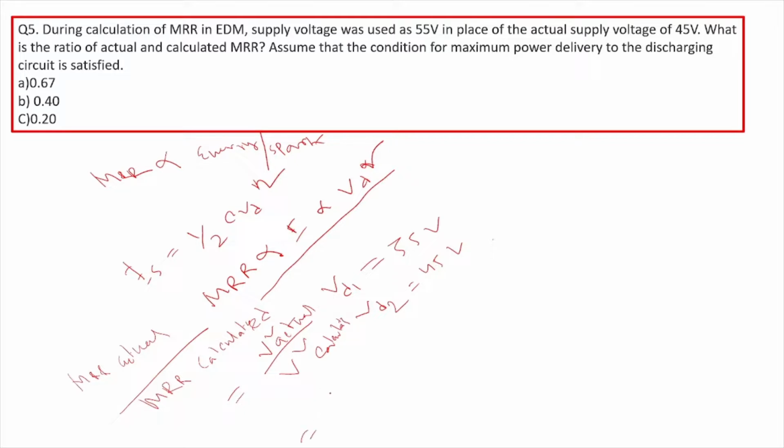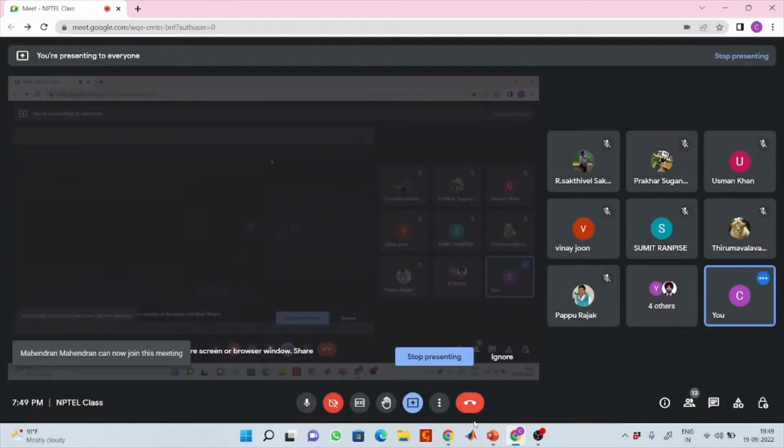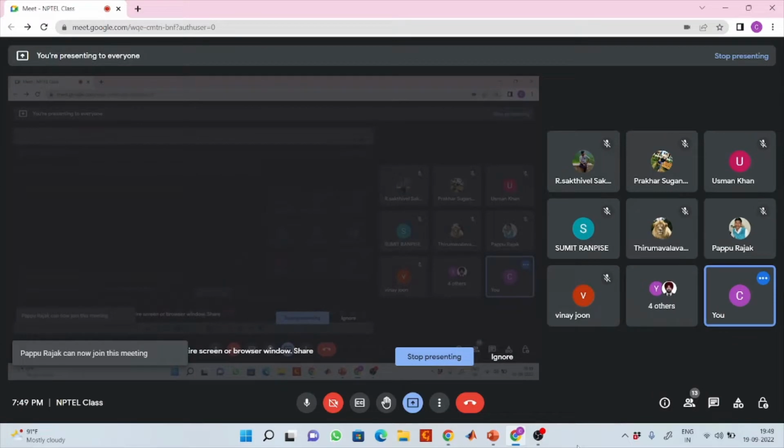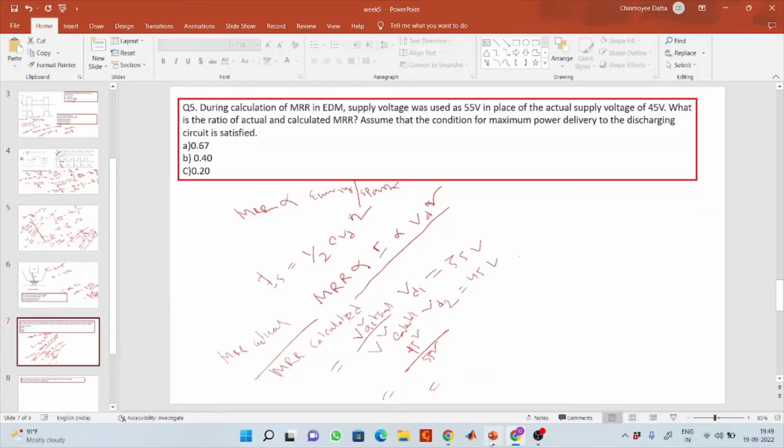Okay, V actual is given as 45, so 45 square divided by V calculated, which was used as 55, right? 55 square. So what will be the value of that? What will be the correct answer? Has anyone calculated it?